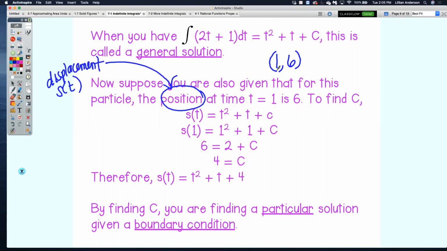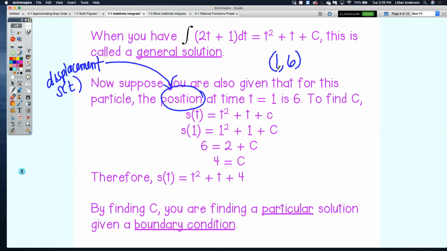Once you take the antiderivative of your function, you plug in 1 for t, 6 for s of t, because that's your position after 1 second. And you find that your constant specifically is 4. So given that additional piece of information, you're able to find a particular equation for that function that you're taking the antiderivative of. Okay?